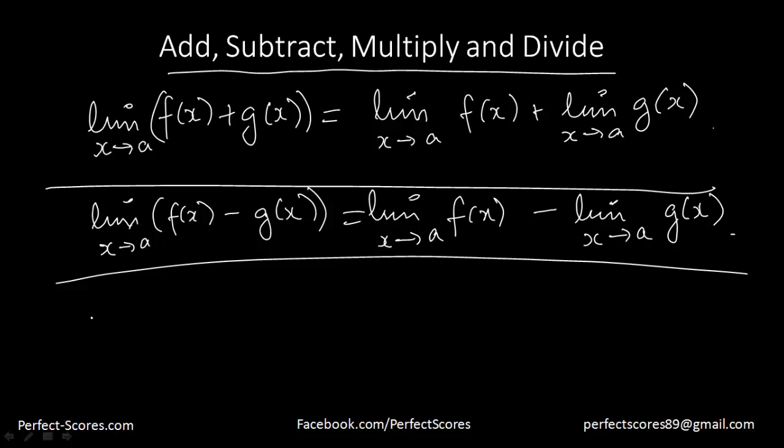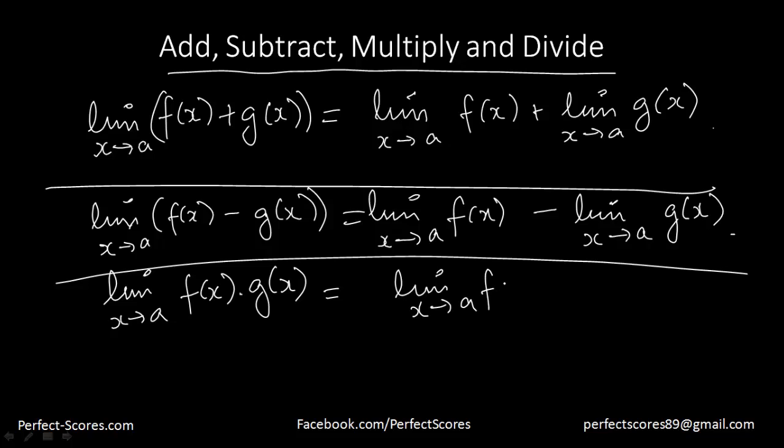Similarly, you can do multiplication on limits as well. You can say limit x tends to a of f of x times g of x is equal to limit x tends to a of f of x times limit x tends to a of g of x.